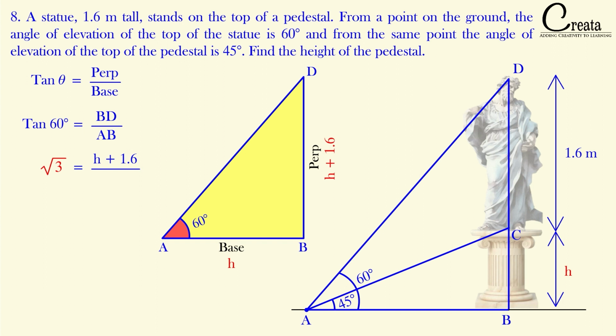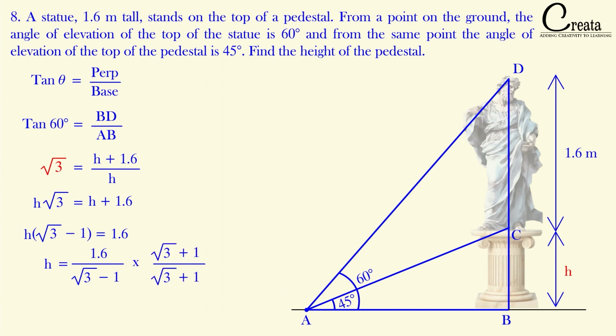Just now we got AB is equal to h, so let's replace AB with h. We got our equation as root 3 is equal to h plus 1.6 upon h. In this equation the only variable is h. So let's solve this equation to find the value of h. Simple mathematics. We got h is equal to 1.6 upon root 3 minus 1.